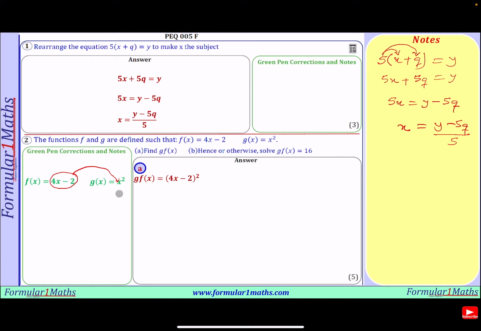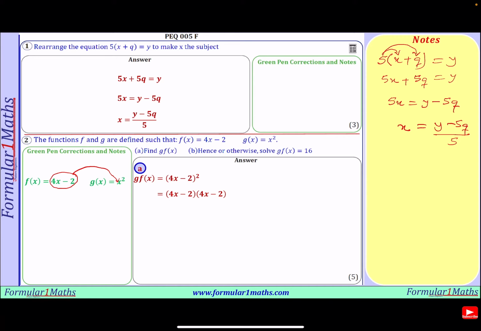Instead of the x in this function, I'm putting 4x minus 2. Now we know that 4x minus 2 squared is the same as 4x minus 2 times 4x minus 2.